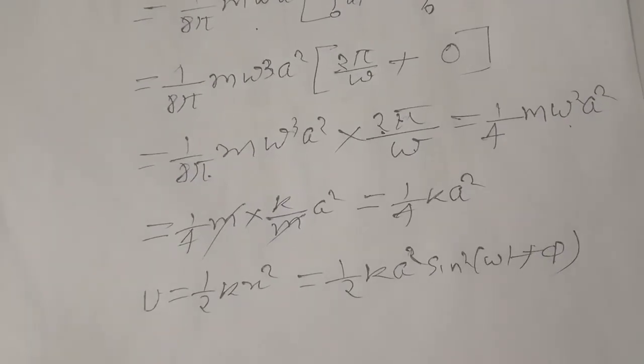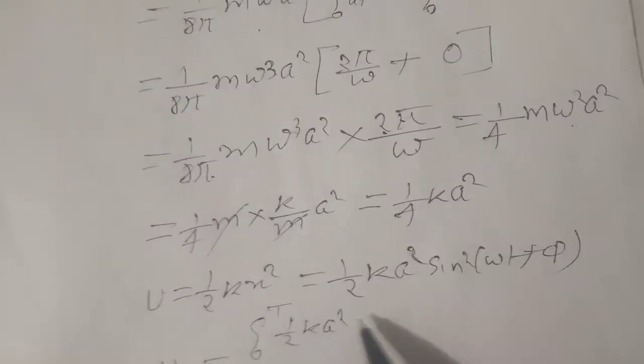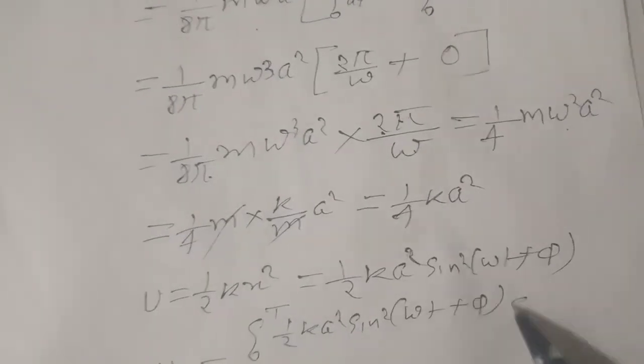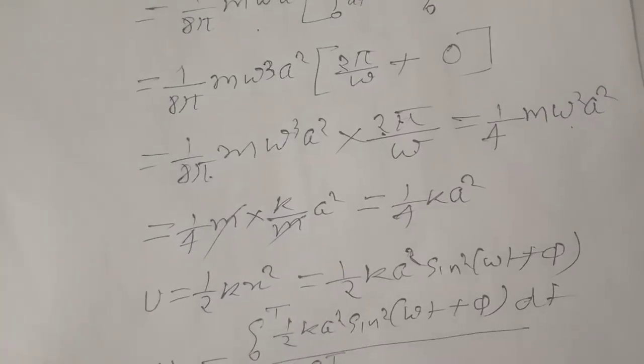Next we have to take the average over time period T. So the time average of the potential energy over a time period T of the motion is U average equals the integral from 0 to T of 1 by 2 k A square sine square (omega t plus phi) dt, divided by the integral from 0 to T of dt.